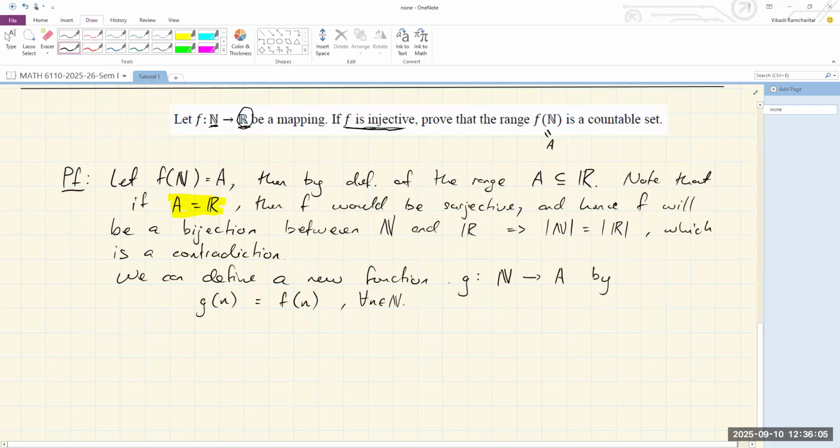In other words, all this function g is, is the function f with the codomain restricted.